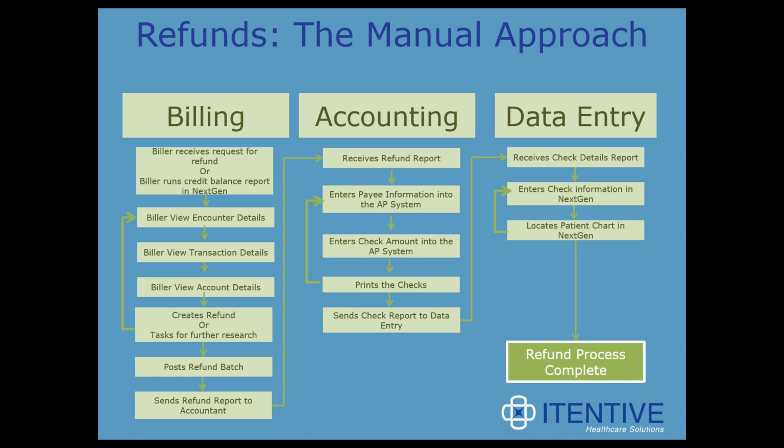Once you get through that process and you've identified all of the credits that are to be refunds, you're going to get that refund information over to your accounting department. How that information gets over to accounting happens many different ways within organizations. It gets entered onto a spreadsheet, and the spreadsheet gets sent over to accounting.